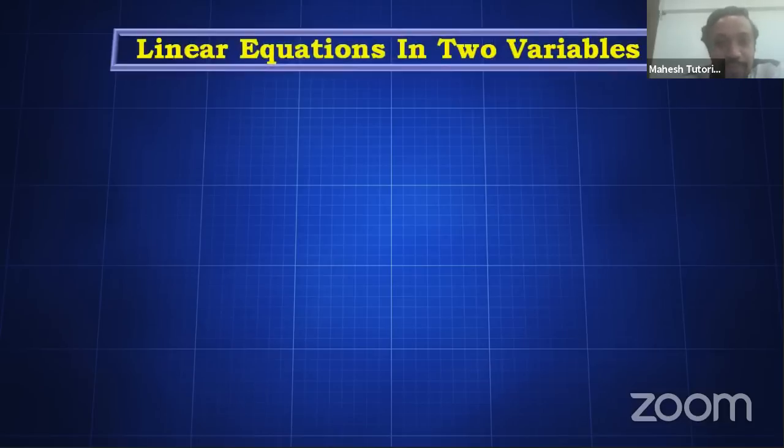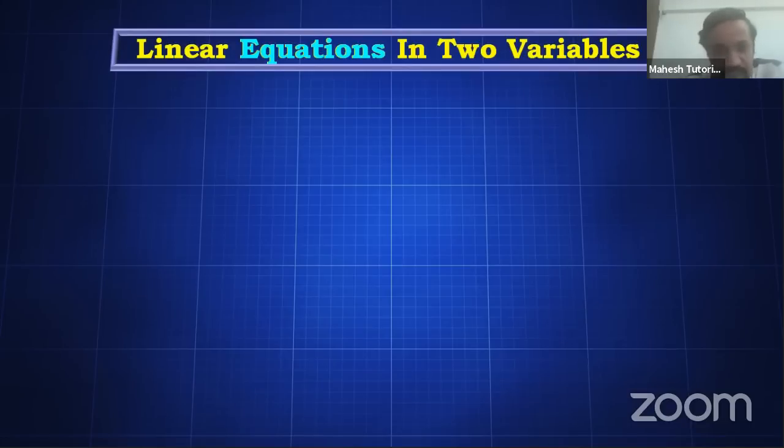Sorry for the interruption, students. So today we are going to begin with chapter number 1 of your algebra textbook, that is linear equations in two variables. Now, students, before we move into the depth of this chapter, first let us try to understand what we mean by the term equations. Equations का मतलब क्या होता है?